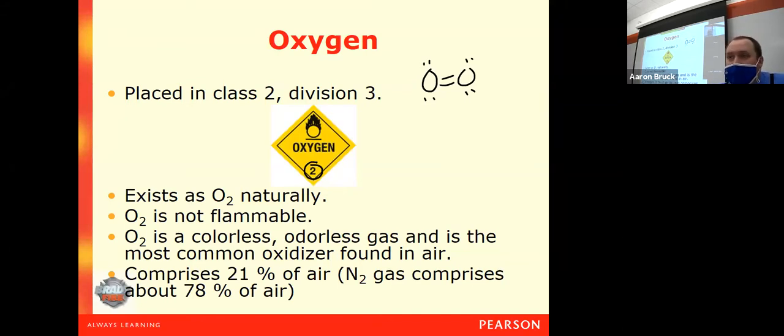Of the substances that we have that are oxidizers, this is the most common. And this is also the most common byproduct for the other oxidizers that aren't oxygen. You notice that almost all of the ones that we talked about had oxygen included in some way. On its own, it comprises about 21% of your air, with nitrogen making up the majority of the rest, 78%, and carbon dioxide and the others making up that little 1%.